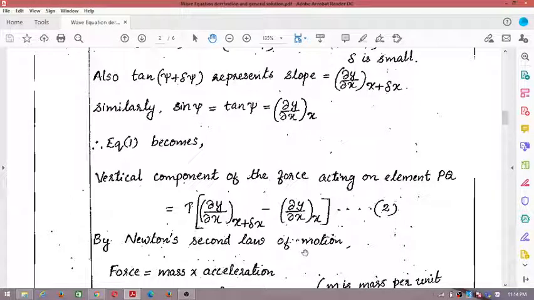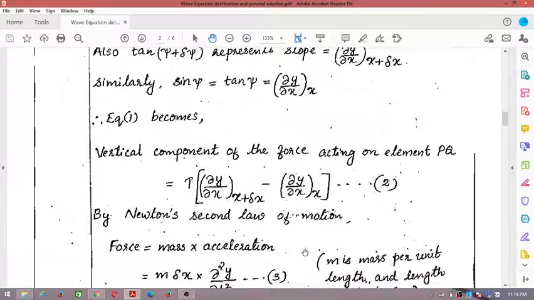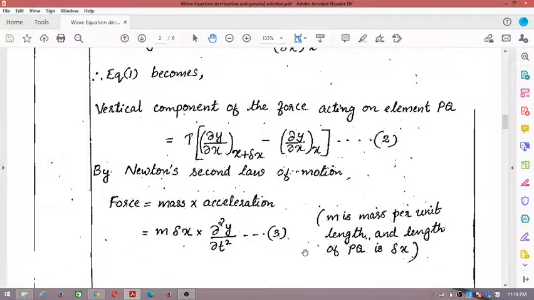Now by Newton's second law of motion, force is equal to mass into acceleration. Mass is given by m into delta x, because m is the mass per unit length and the length of the element PQ is delta x. Therefore the mass of the element PQ is m delta x, and the acceleration is ∂²y/∂t².